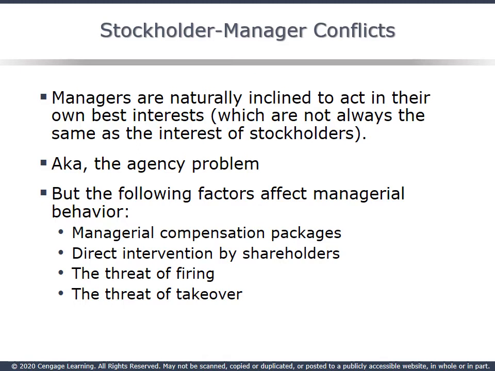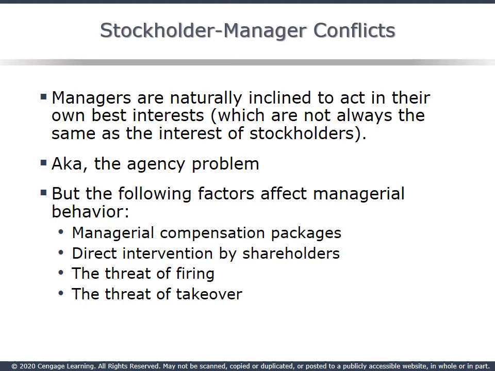So hence we have something called the agency problem. And if you've taken business law, you've talked about principal and agents. In this case, the stockholders are the principals. The managers are the agents. They've been hired to act on behalf of the principals.